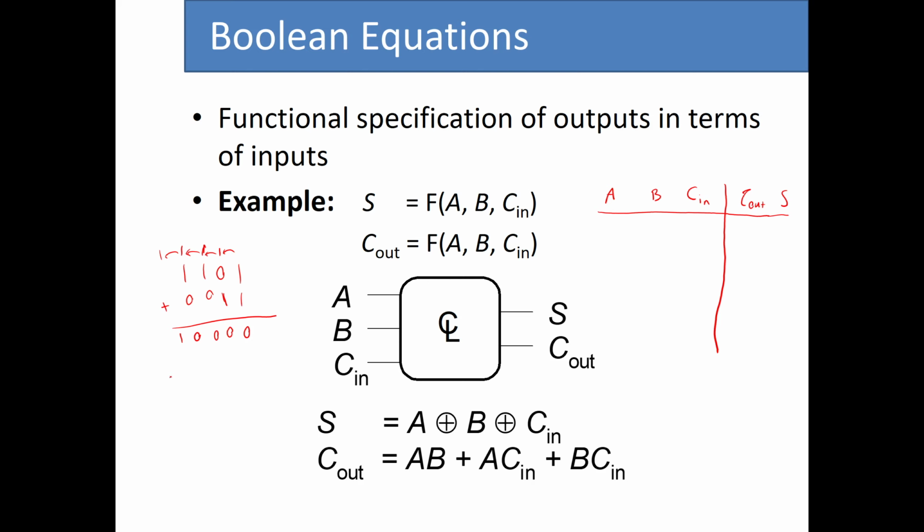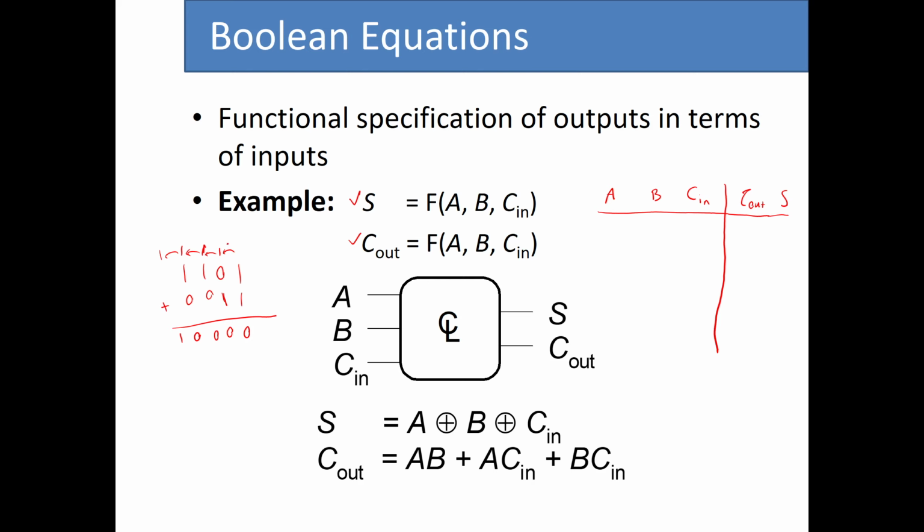As you can see here, when I add these two binary numbers together, I do it in 4 stages. I do it bit by bit. This circuit here basically does one step of this process.